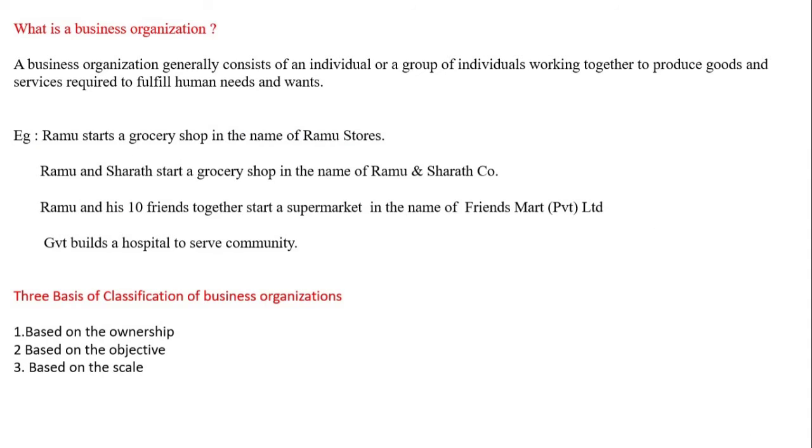In our second slide, I have given the definition for business organization. That is given in your study text. So, business organization generally consists of an individual, one single person, or a group of individuals, a number of people working together.